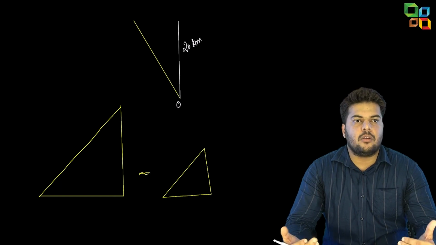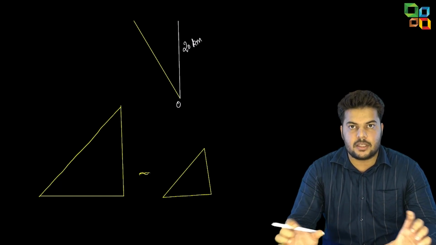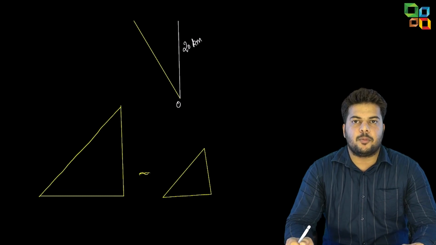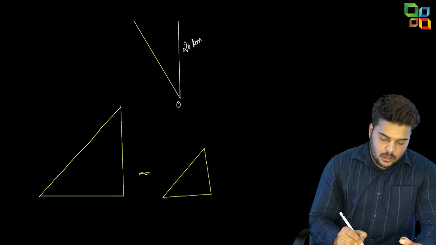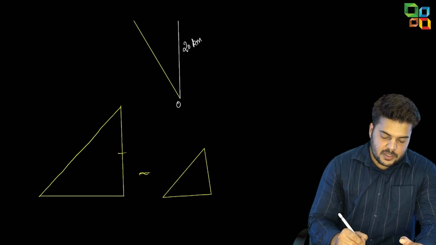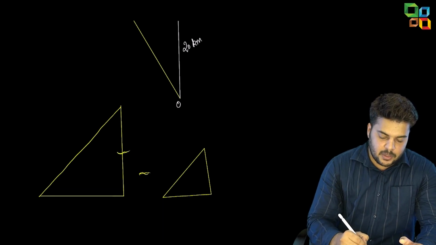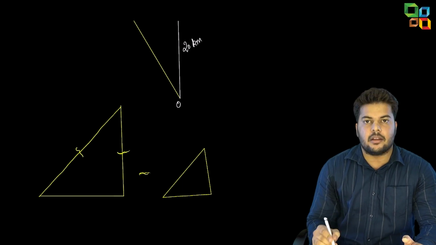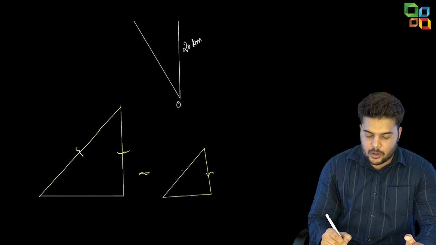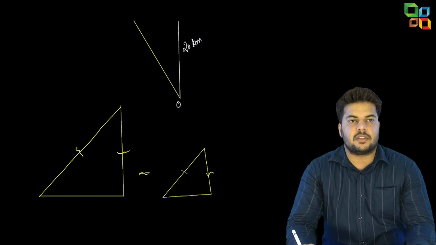So you take any combination of their corresponding sides, they have to be equal. So if I pick opposite by hypotenuse in this 30, 60, 90 triangle, the opposite by hypotenuse over here must also be the same, isn't it?